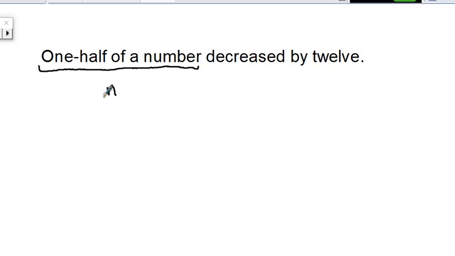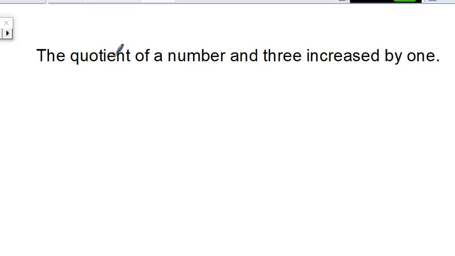We don't know what the number is, so again we're going to use n divided by 2, or cut in half. And then when we say decreased, we're thinking subtraction. And then by 12, so a 12 goes in there. All right, so that one was pretty easy.